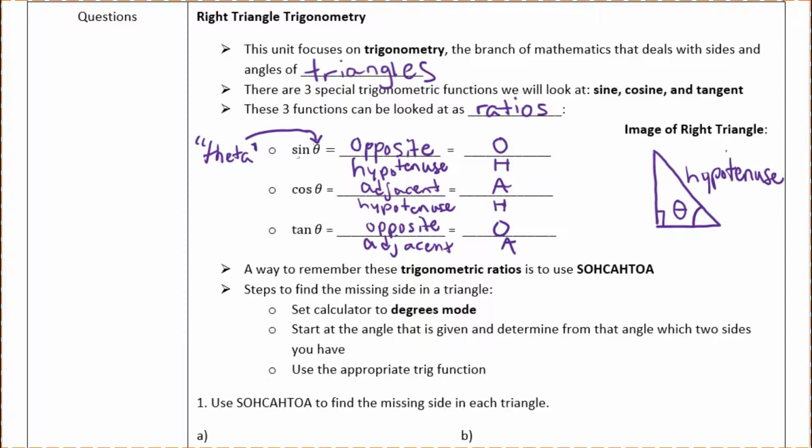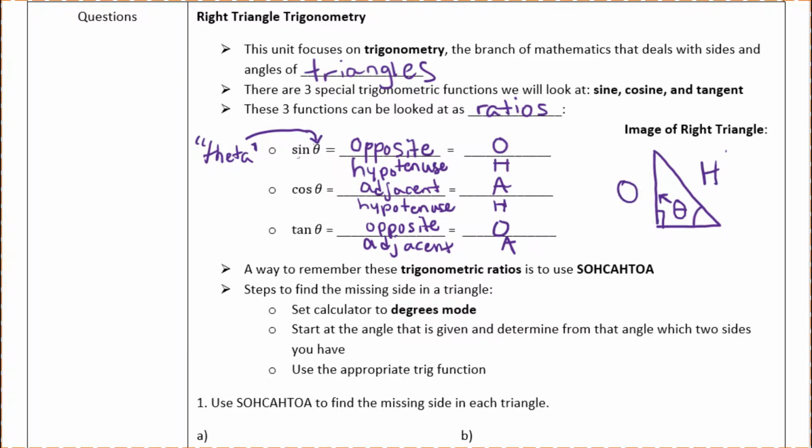So what does that mean in terms of this picture? This is your H, or hypotenuse. The side that is opposite this angle is the one that's directly across, so that's opposite.